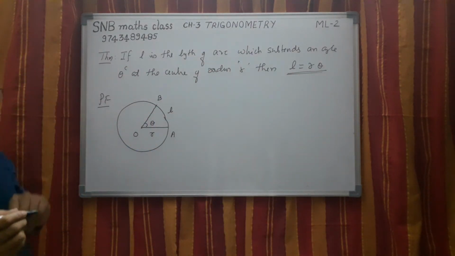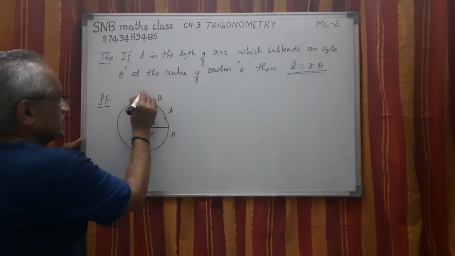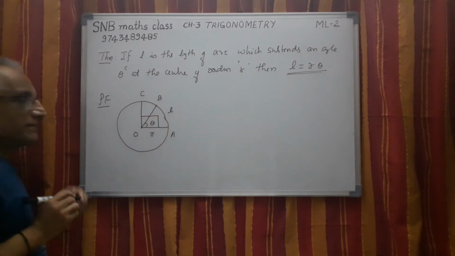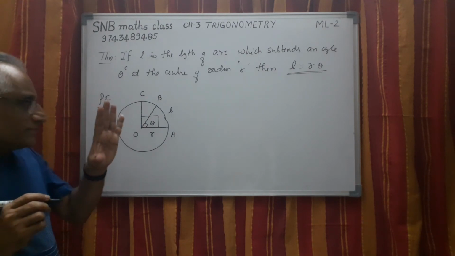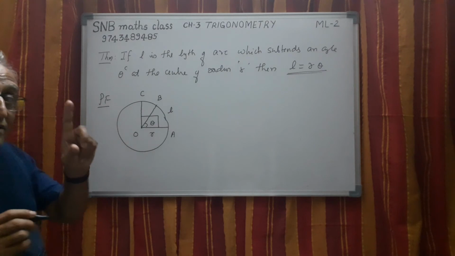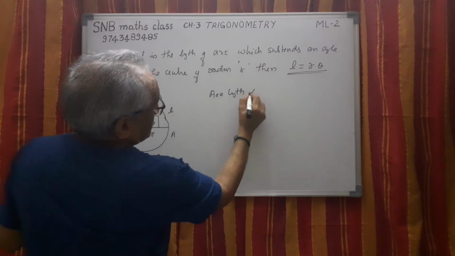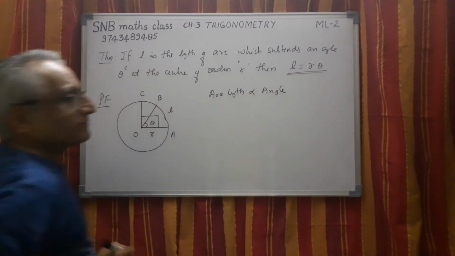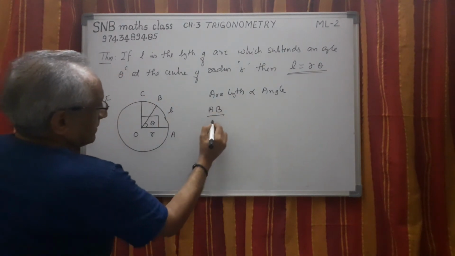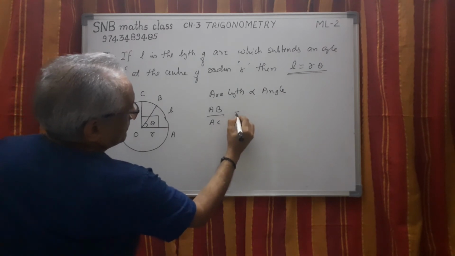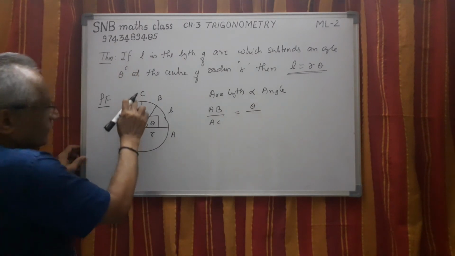The proof is once again like this. See here, what I do is once again, I will draw OC such that this is perpendicular, 90 degree. Now you see, same thing, you can say arc length and angle are proportional. Therefore arc length is proportional to angle. So arc length AB divided by arc length AC will be equal to angle theta divided by, what is this angle?